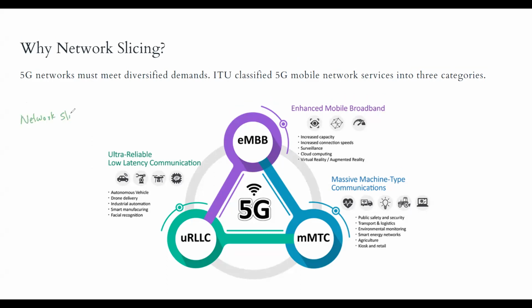Network slicing is used by different telecommunication service providers to give different customers the required services. So telecommunication service providers design the network such that they provide the customers the service they request.